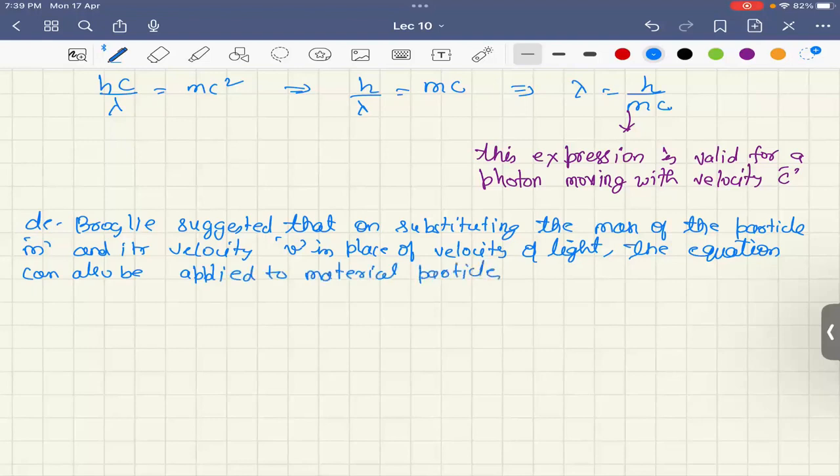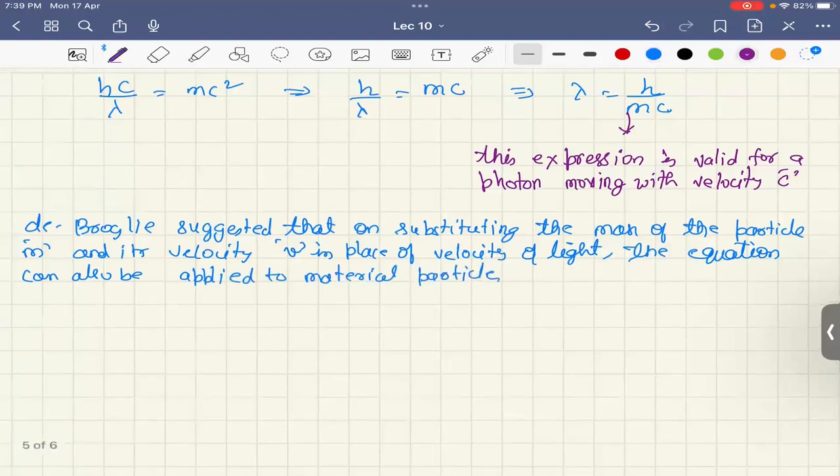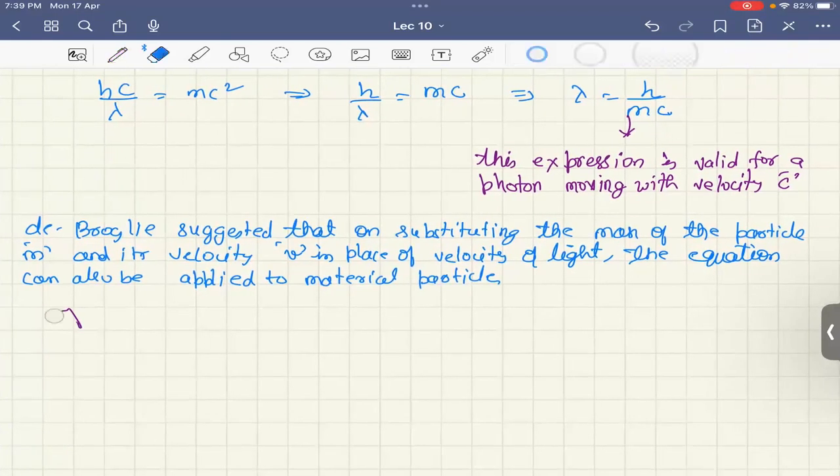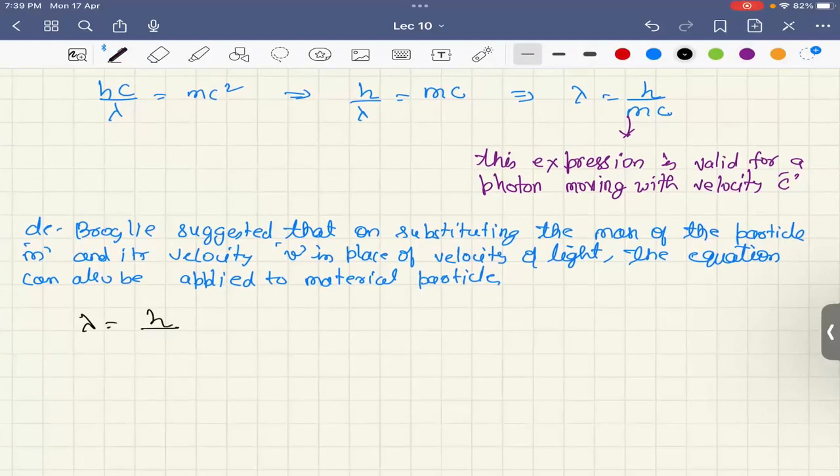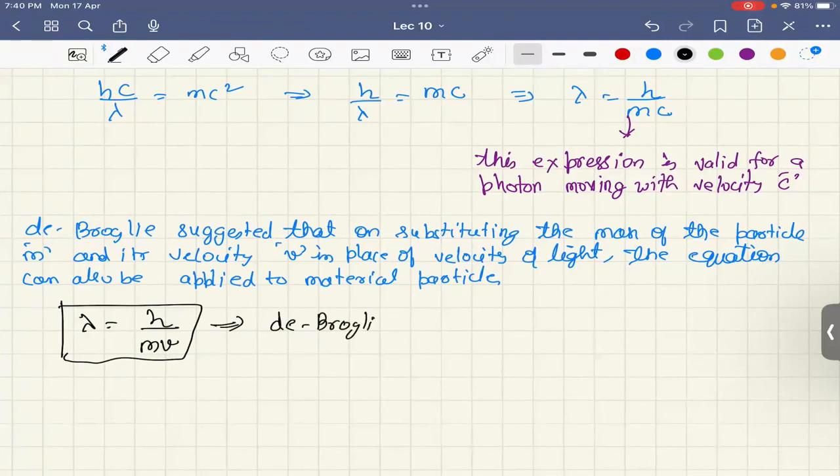And the expression then will become lambda equals h by m into v, right? This expression is known as de Broglie's equation, right?